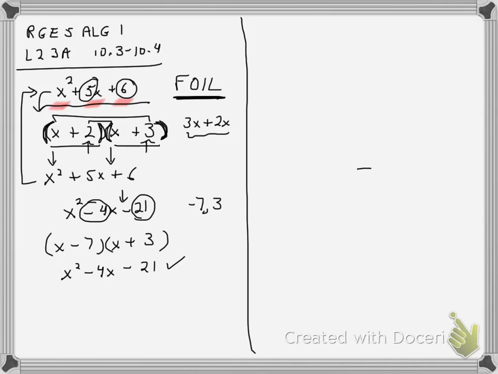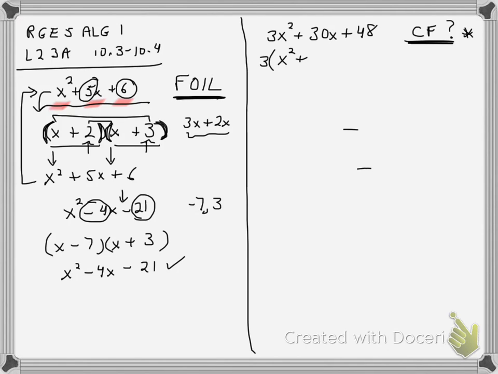So if we have this example, 3x squared plus 30x plus 48, the first thing I always ask myself is, is there a common factor? It means, can I divide something evenly out of all? Well, I could divide a 3 out of the first term, a 3 out of the second term, and a 3 out of the third term. So I'm going to divide that out first. That's always my first step, always.